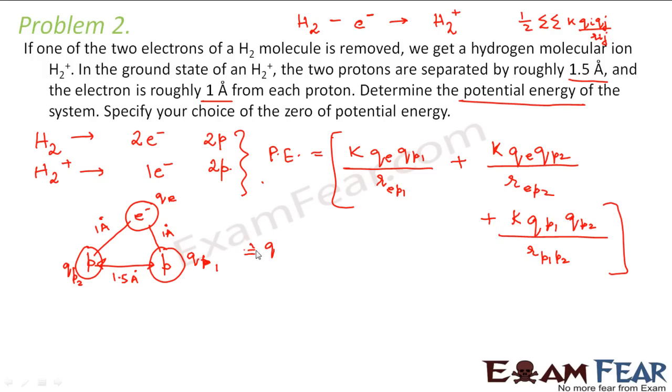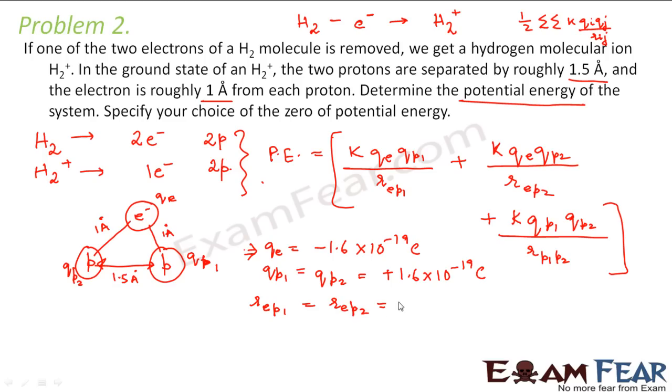We know that charge on an electron is equal to minus 1.6 into 10 to the power minus 19 coulombs. Charge on a proton, that is QP1, will be equal to QP2, that is equal to plus 1.6 into 10 to the power minus 19 coulomb. Now when I talk about the distance, REP1 is equal to REP2, which is equal to 1 angstrom, that is equal to 1 into 10 to the power minus 10 meters.